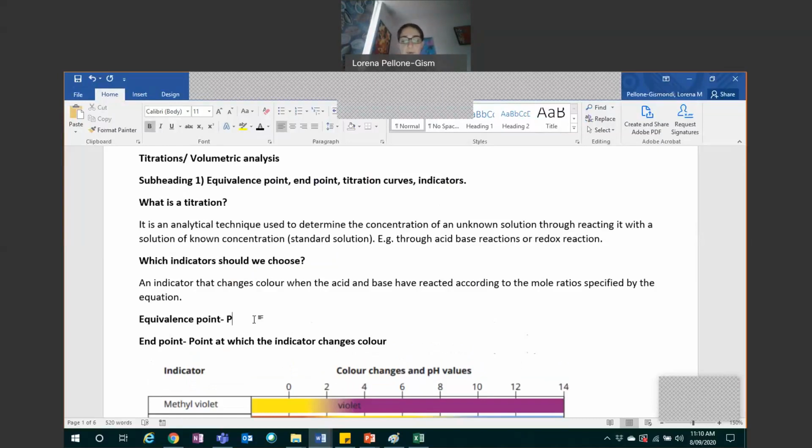So it's the point at which the reactants, could be acid base, could be redox, have reacted to the mole ratios specified by the equation. And this is really the first part of titrations.